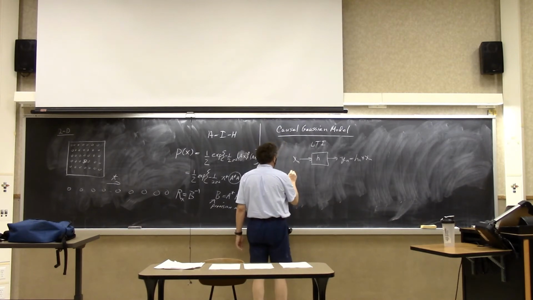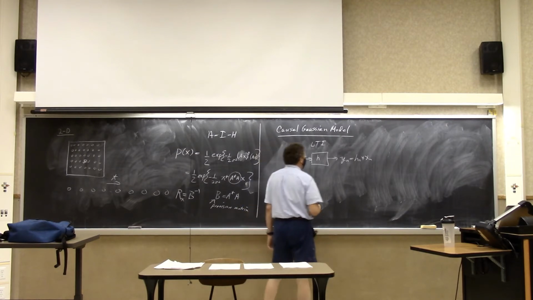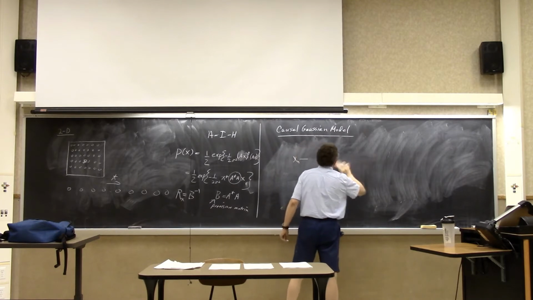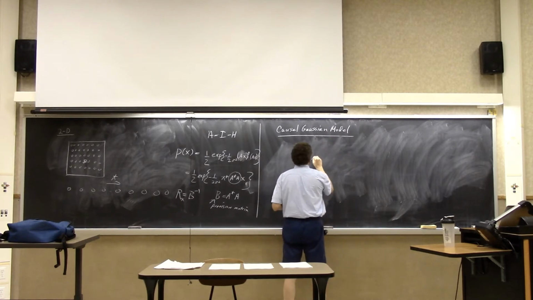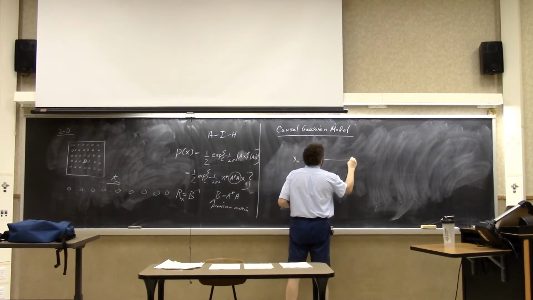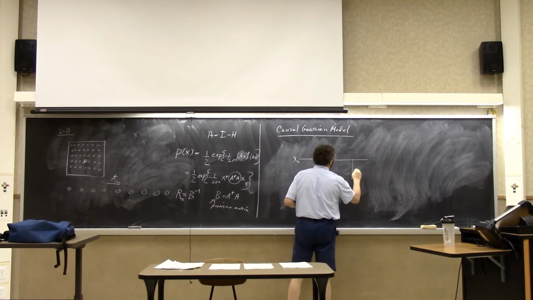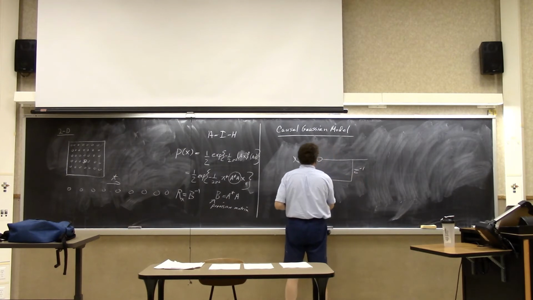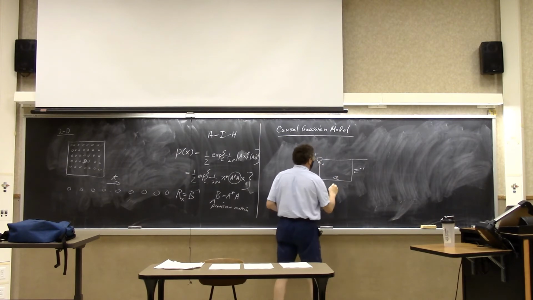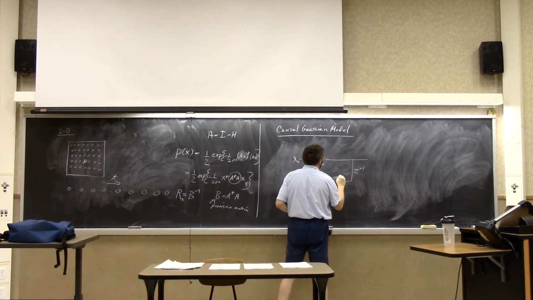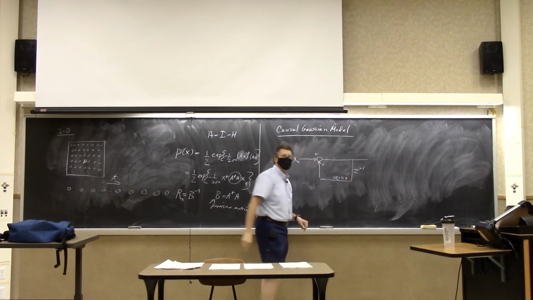Now, what if x[n]... let's take a particular case. I'm going to get a particular linear time invariant system. So this is z to the minus 1, okay? This is plus, and this is a, where say a is equal to 0.9, okay?